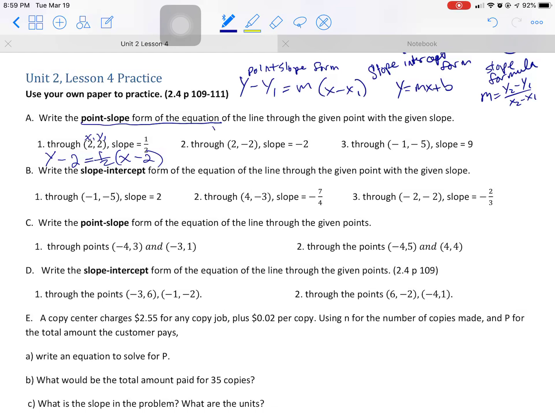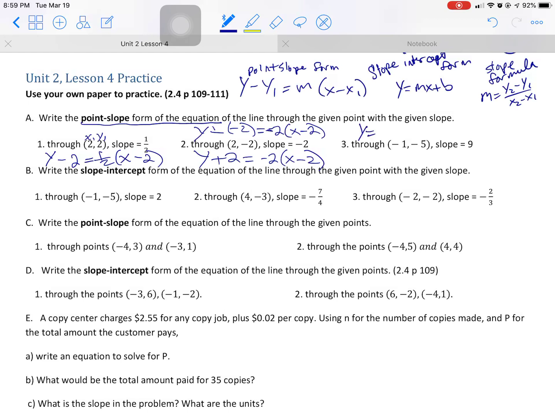This one's going to be y minus a minus 2, x minus 2. Okay, so this is going to be x plus 2 equals negative 2x minus 2. So we're not distributing if they just want the equation, okay? They just want the equation in point-slope form. That's it. All right?